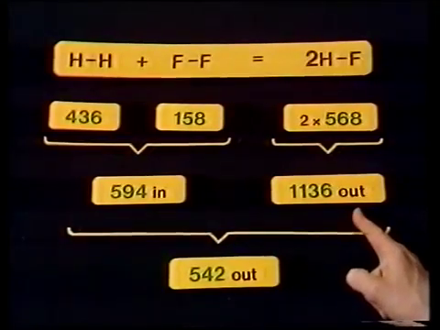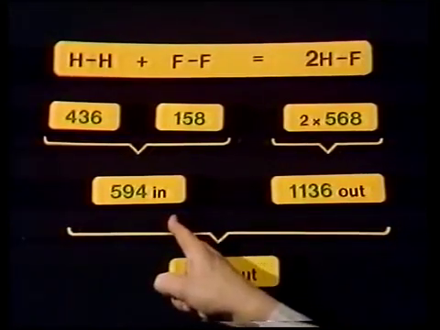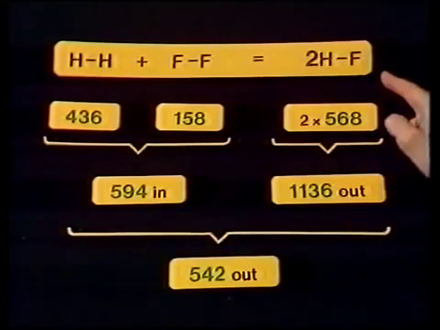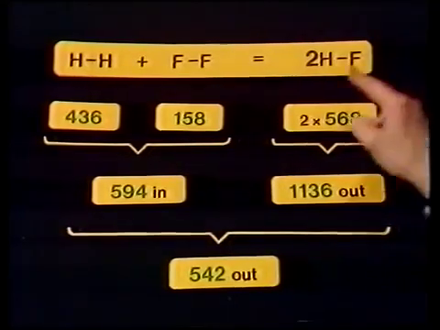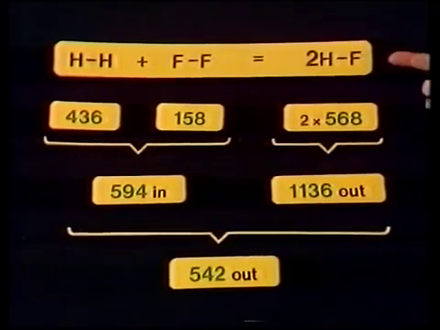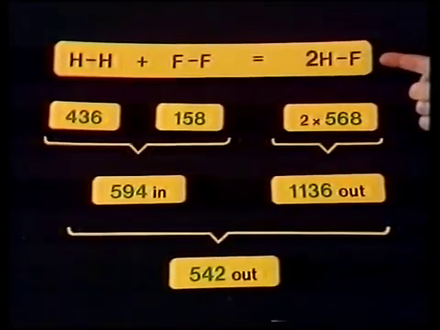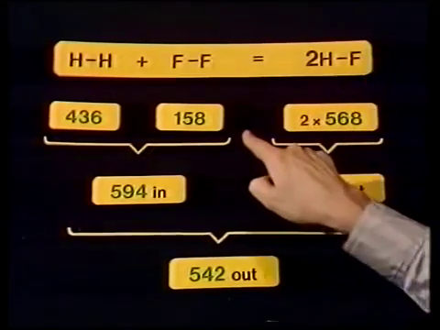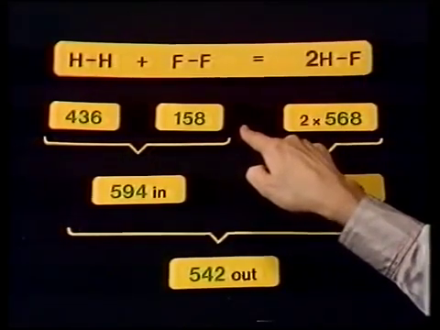The reaction is strongly exothermic. Well, we already knew that, but now we can see why. It's because this total is a lot bigger than this one, and that's because the products contain stronger bonds than the reactants. In this case, the H-F bond is actually a lot stronger than both of the others, but the weakness of the F-F bond does stand out.